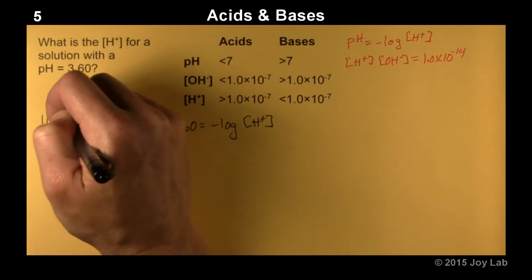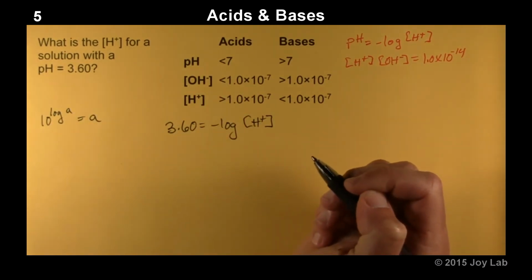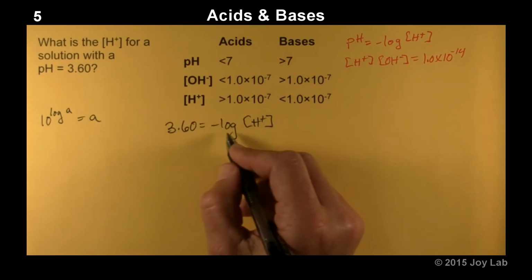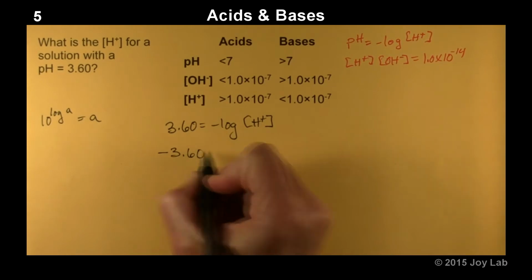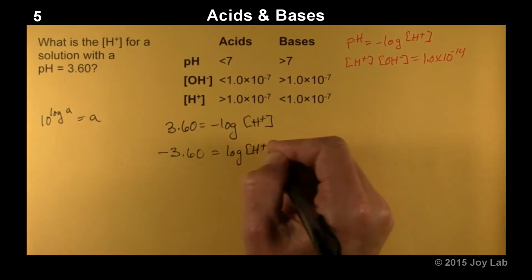10 to the log of something, say A, is equal to that thing, A. So if I move this over, I have minus 3.60 is equal to the log of the hydrogen ion concentration.